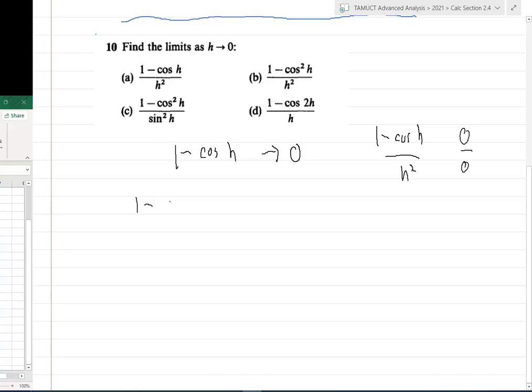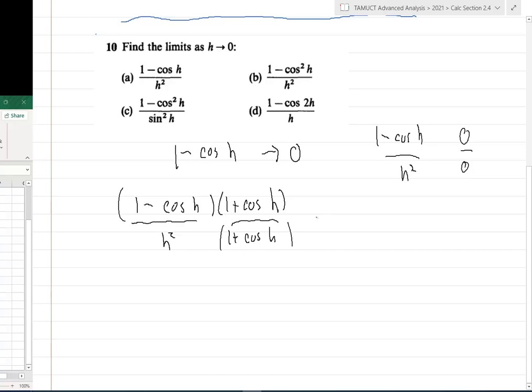He does indicate this trick in the chapter. I'll take over h squared, and multiply top and bottom by 1 plus cos h. So that's top and bottom by the same thing.